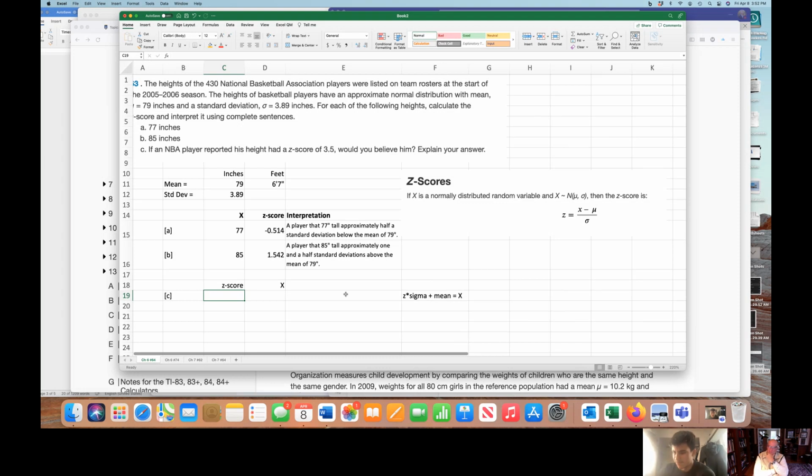I'm not really sure, but in the equation, I just plugged in the 3.5 into the x.